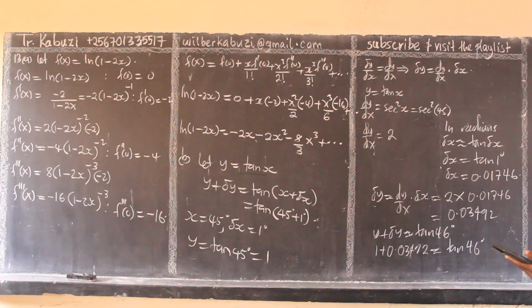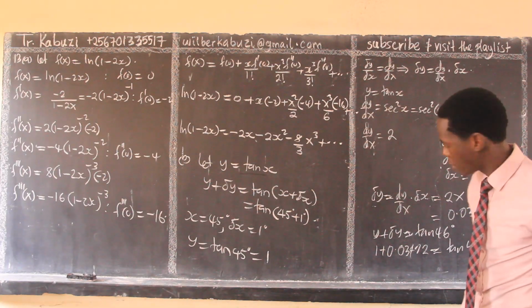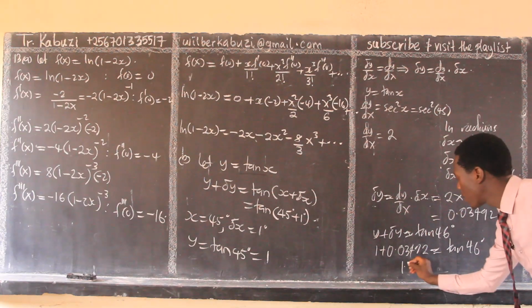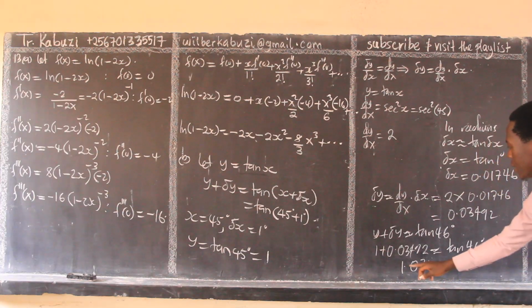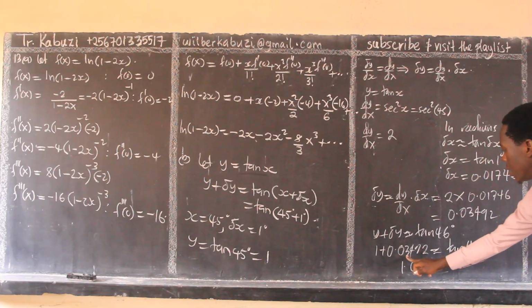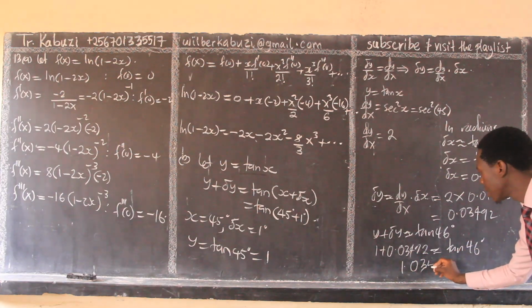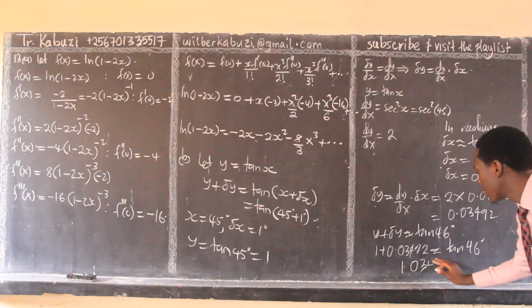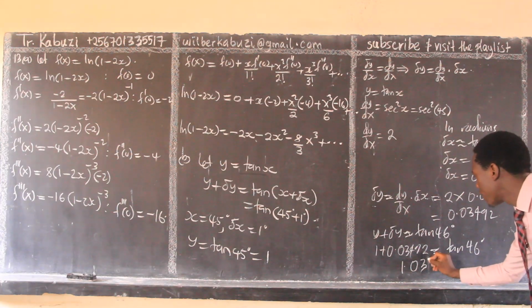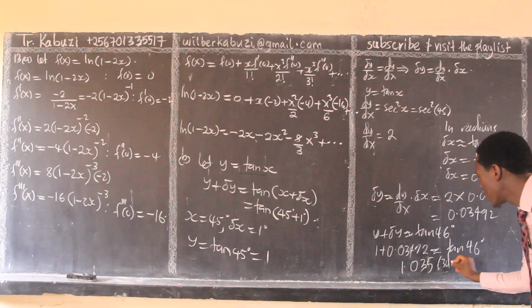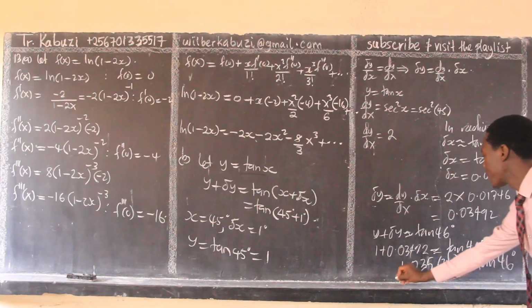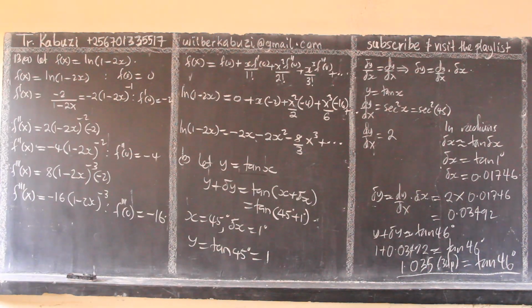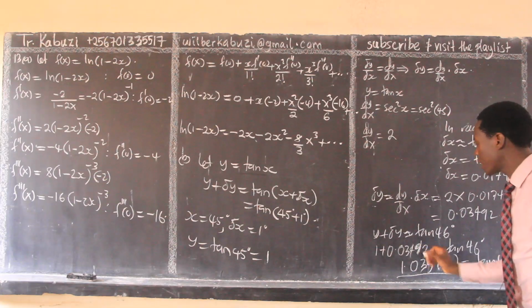So if I give it to 3 decimal places as the question wanted, it would be 1.035 to 3 decimal places, equaling to tan 46 degrees. So that's how we had to solve that question.